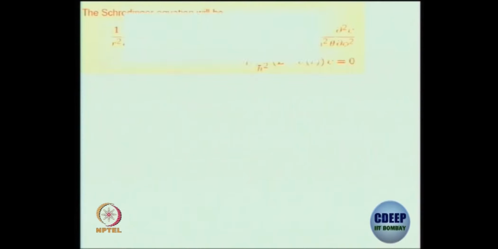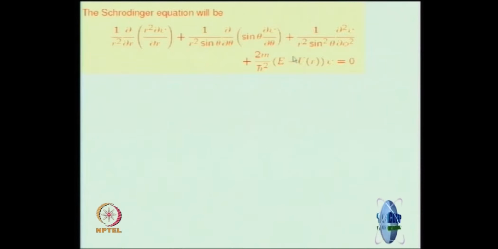You try and separate out the two equations, right? First, let's write this whole solution. And you can see from here, there is an r dependence here, and theta dependent, phi dependent. So we'll try and separate it out the conventional way we did.